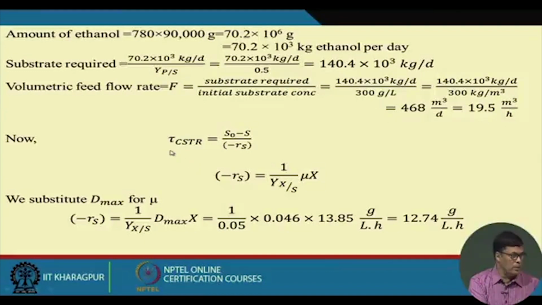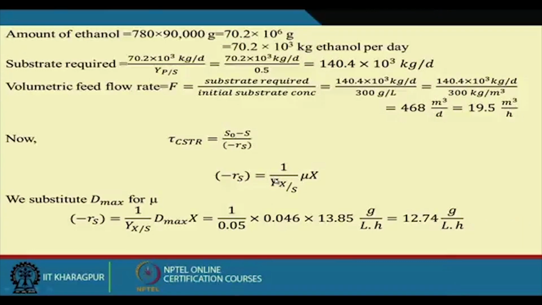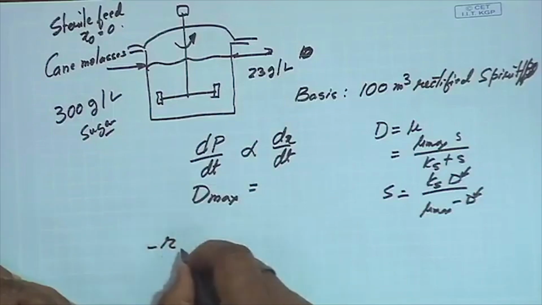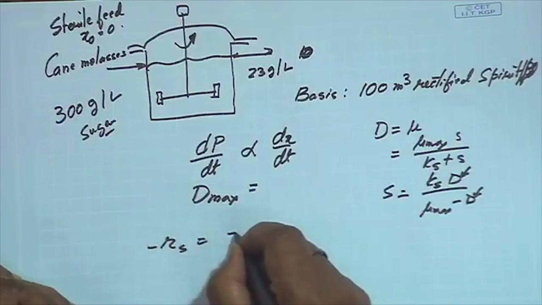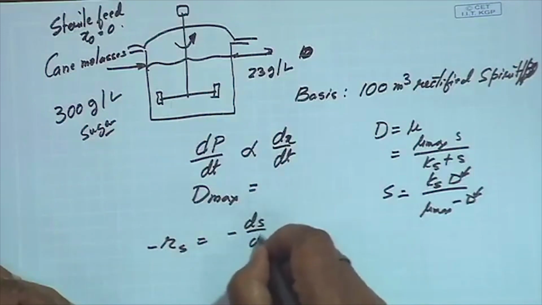Now, since this is the CSTR, we can easily find the tau CSTR, the space time required for the continuous stirred tank reactor, which is S0 minus S divided by minus RS. This we already derived in our previous lectures. Then minus RS I can write as minus ds by dt.